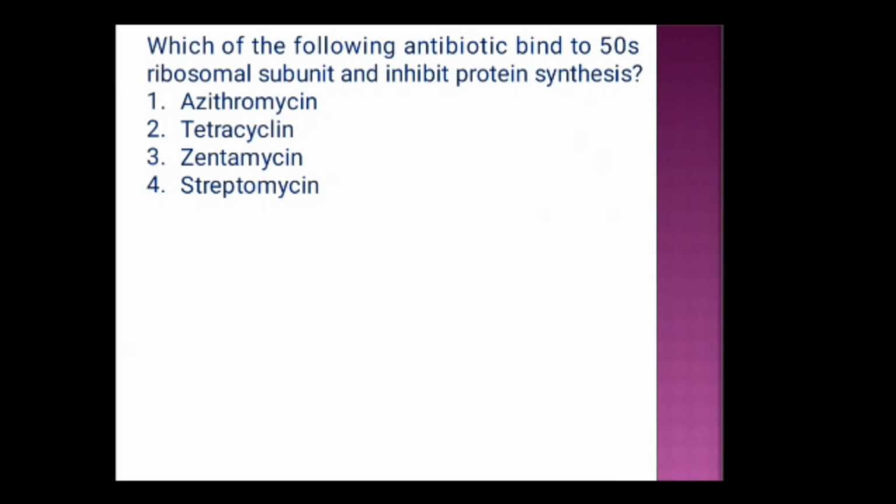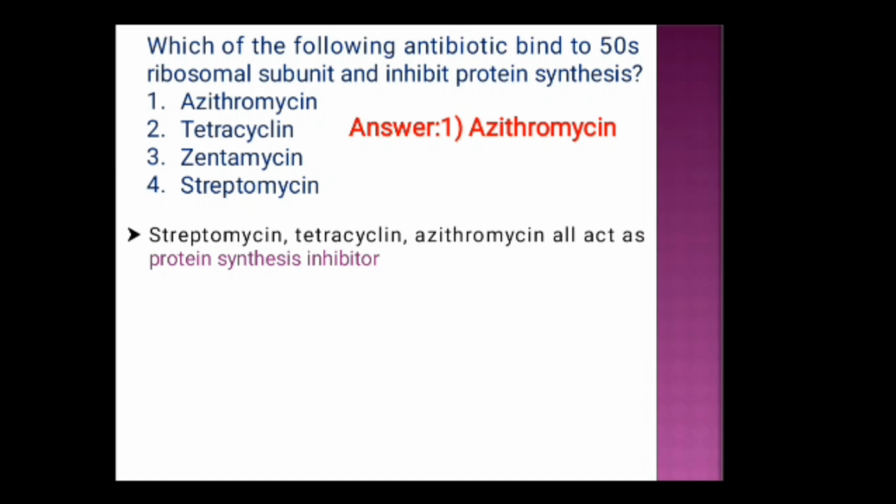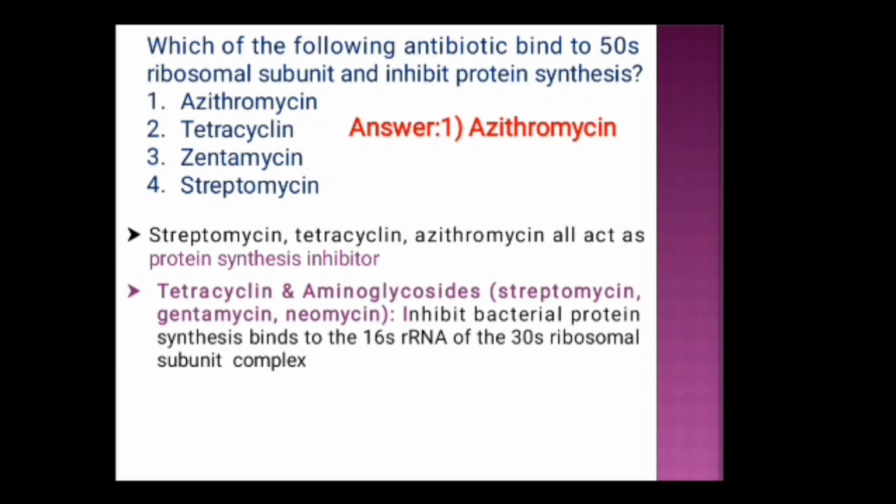Option 1 azithromycin, option 2 tetracycline, option 3 gentamicin, option 4 is streptomycin, and the correct answer is option 1 azithromycin. Streptomycin, tetracycline, gentamicin, azithromycin all act as protein synthesis inhibitors.